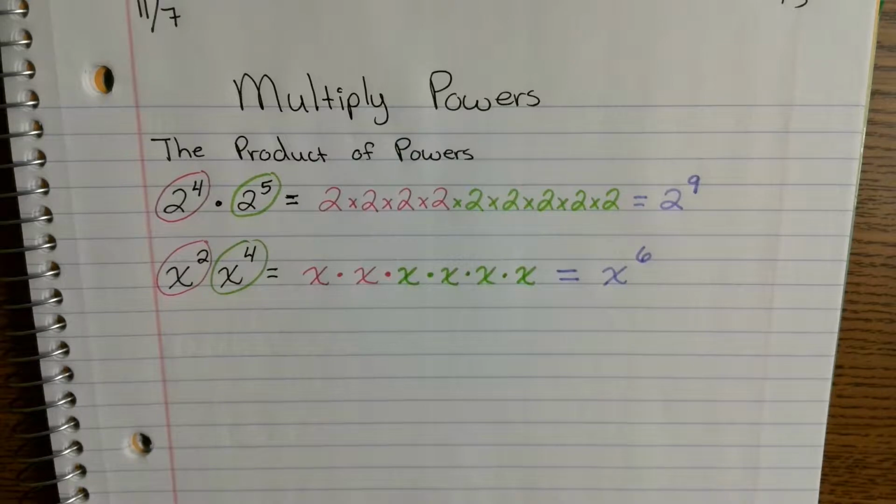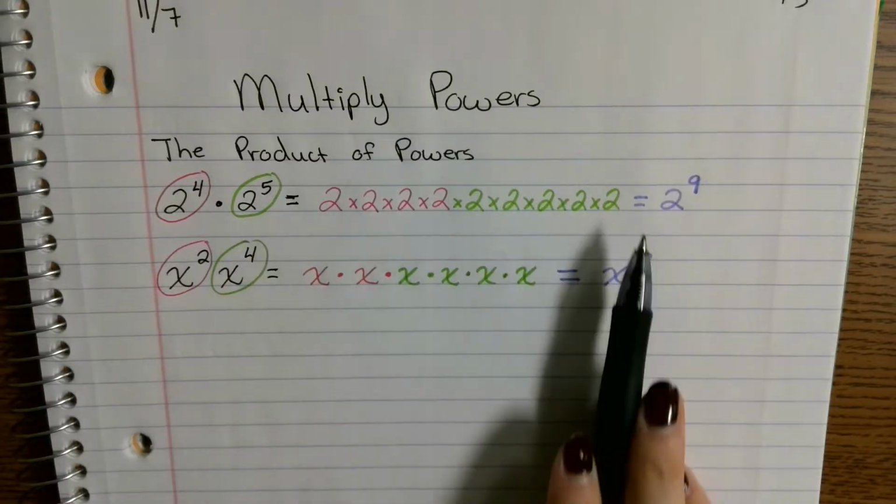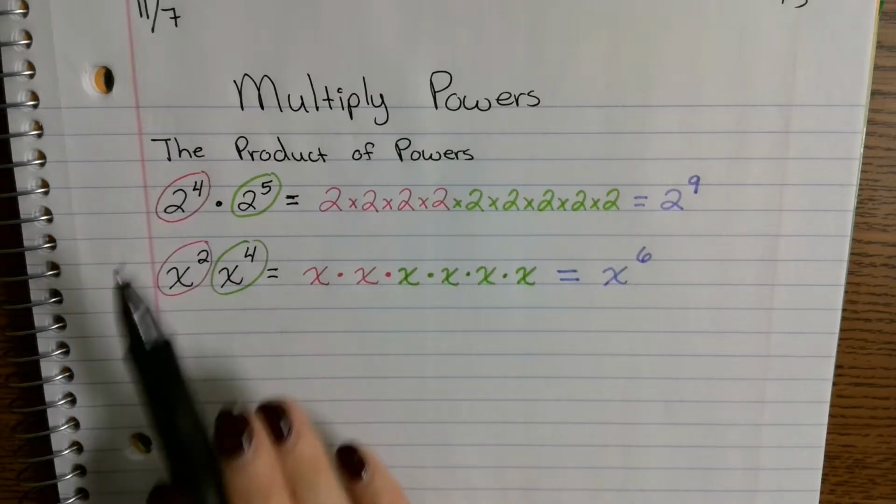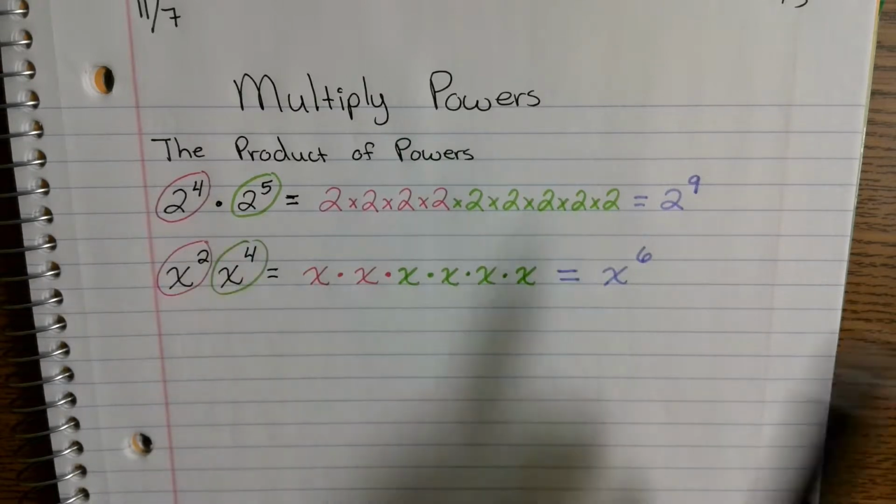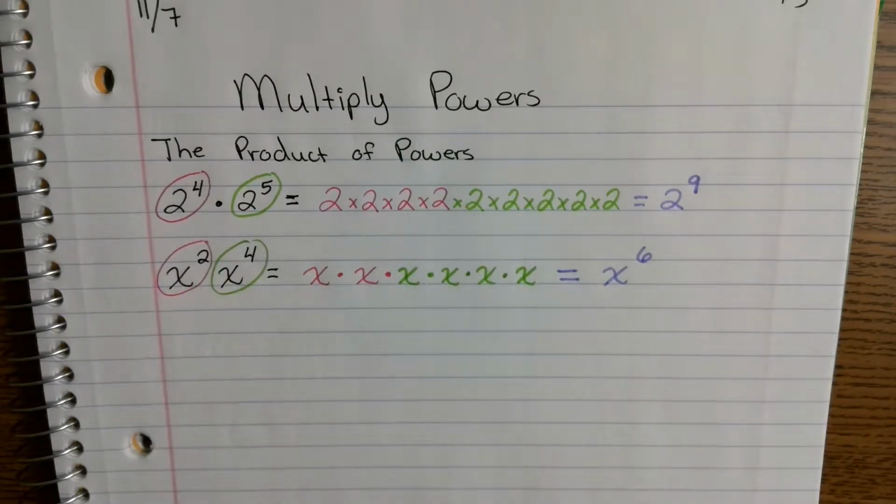What pattern are you seeing, Brent? Okay, but what are you seeing is happening? If I didn't want to write it all longhand, how do I know 2 to the 4th times 2 to the 5th is going to equal 2 to the 9th without having to write it all out? What do you think is happening, Demi?